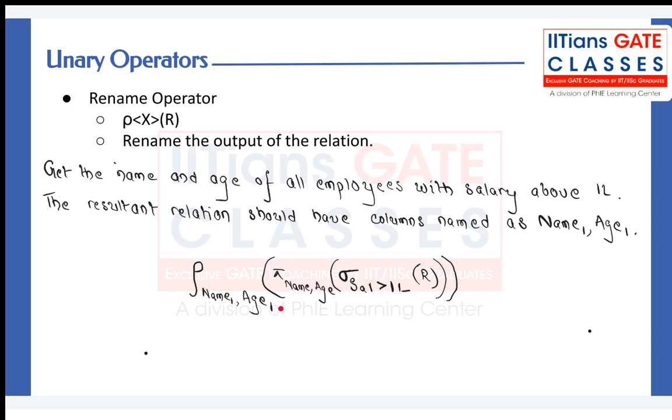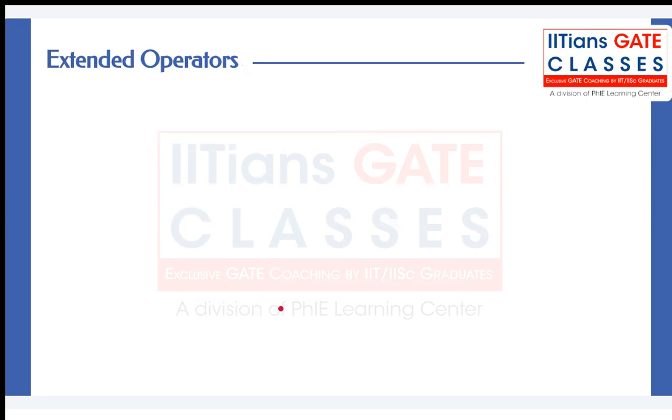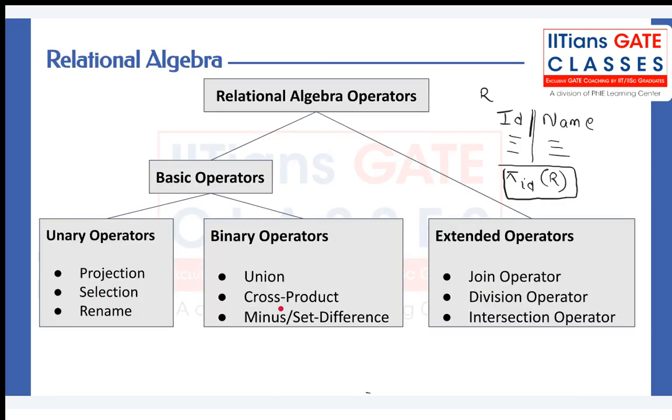Now let's move to the binary basic operators. I will speed up a bit because we are yet to start solving questions. So I'll just explain what the binary operators are. They are very simple if you know the unary operators. Now union is a very simple operation.